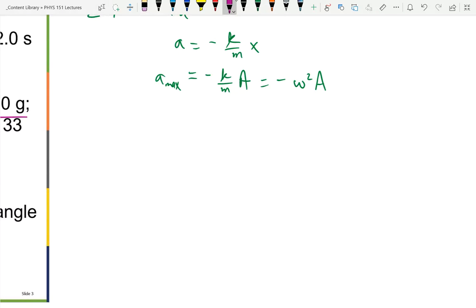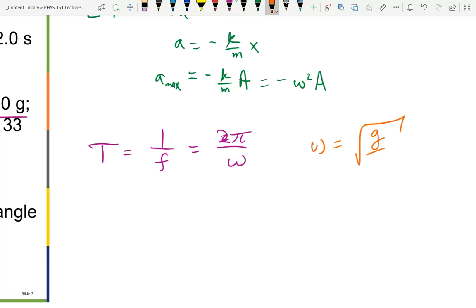What we have is period is equal to 1 over frequency, or 2 pi over omega. And we know that omega is equal to square root of g over L for a pendulum. So if we put those two together, period is equal to 2 pi square root L over g.